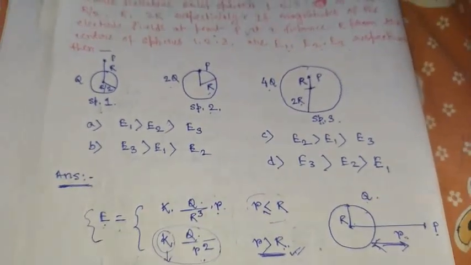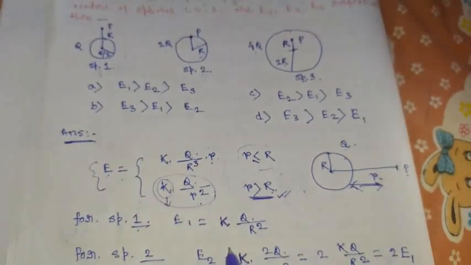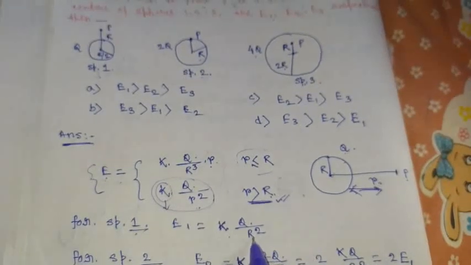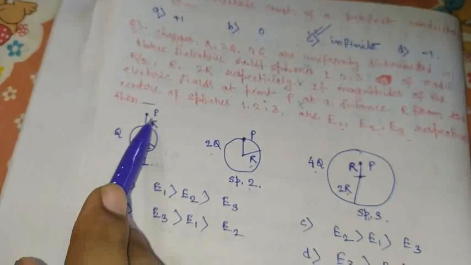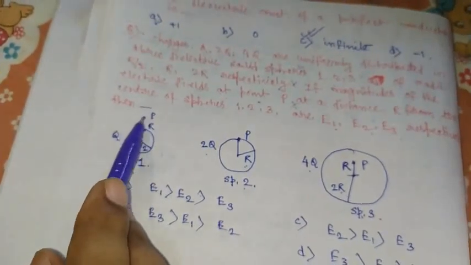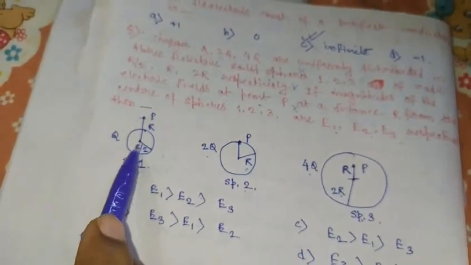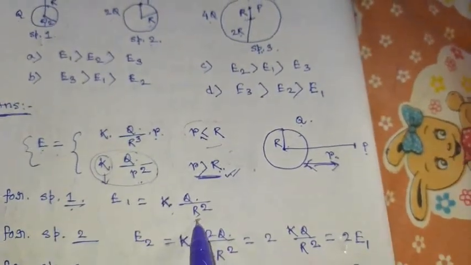So for sphere 1 we have the relation E1, that is kq by r square, because the charge of that sphere is q, and where we wish to find the electric field is at a distance r from the center. So r is given here.